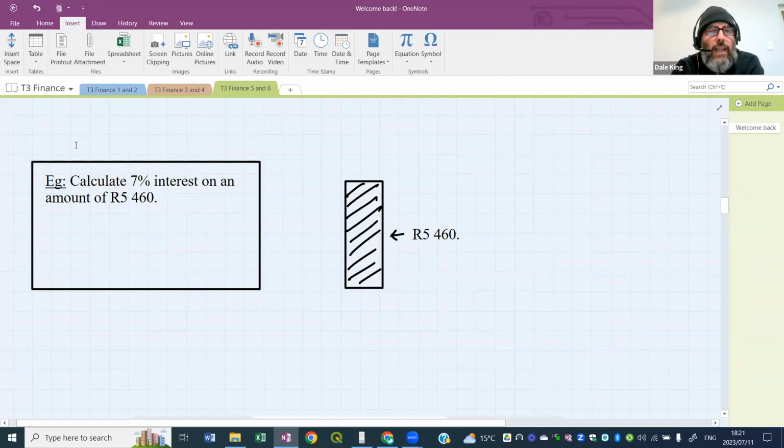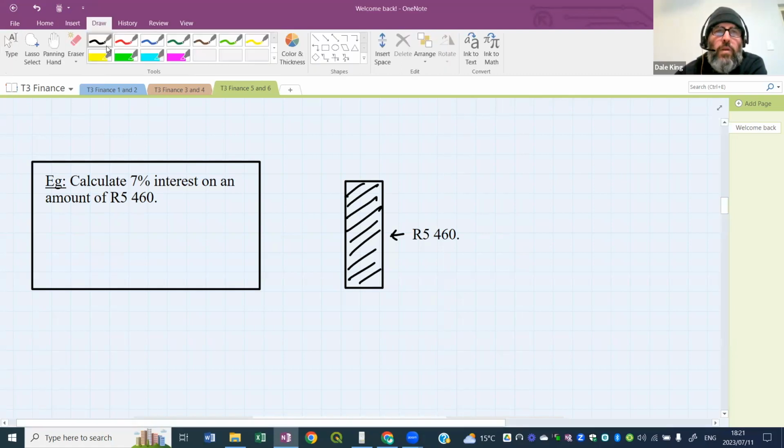Example. Calculate 7% interest on an amount of 5,460. Now, straight away, after what I've just told you, what information, of the three things that I asked you to look for, is missing from this question? We've got a principal amount.